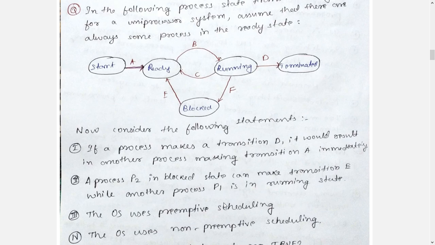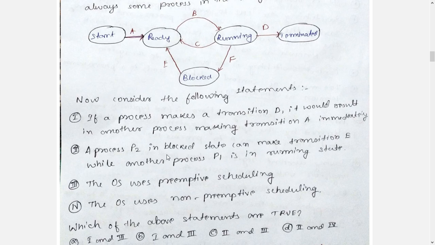So which one is true and which one is false? This one is false because the process which is making the transition D may be the last process. Therefore, there may not be any other process coming in making the transition A. A process P2 in block state can make transition E. As we discussed, there is no relation between the process under execution and the process getting added at the end of the queue.